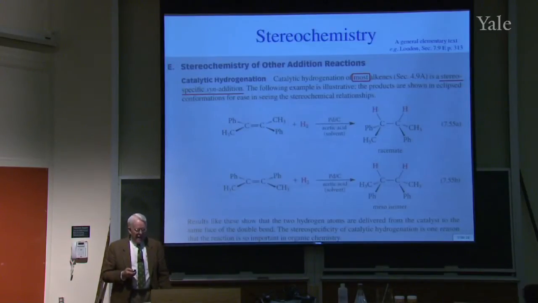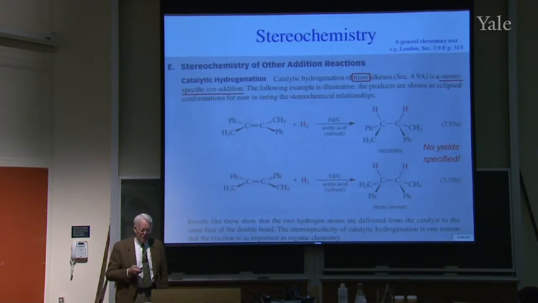But I'm actually doing this little bit to show you how to read textbooks, right? So it says most alkenes do this and give stereospecific syn addition, and it gives an example. But notice, it doesn't say what the yield is. It could be one of these things. Remember last time we said there was a 55-45, that was said to be specific or to favor one over the other.